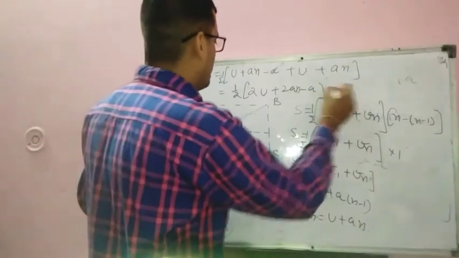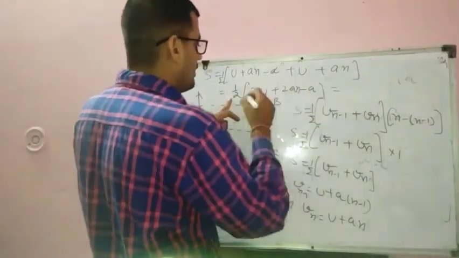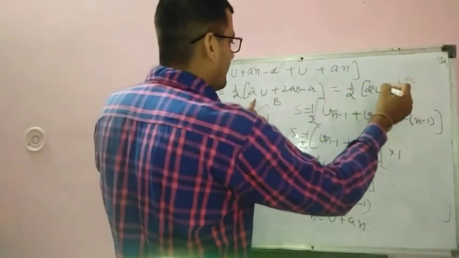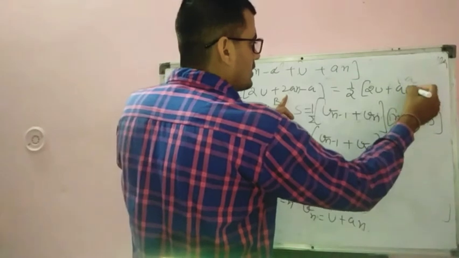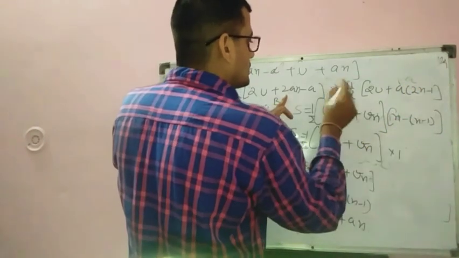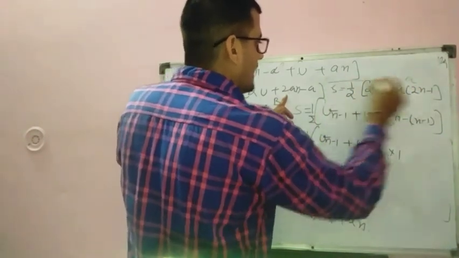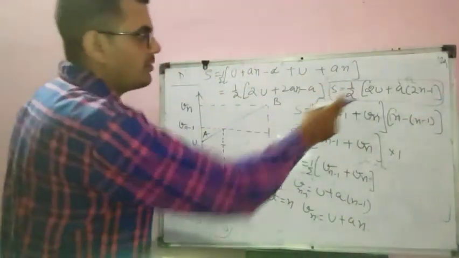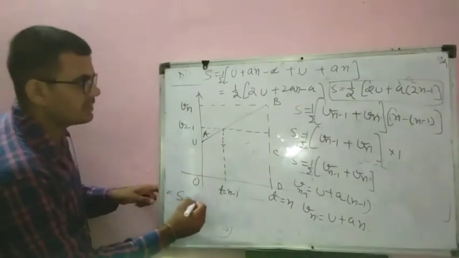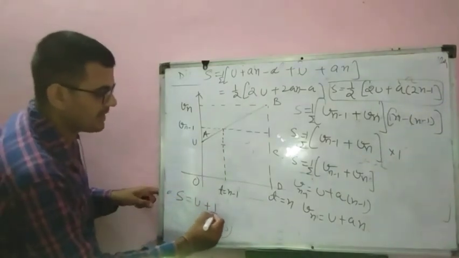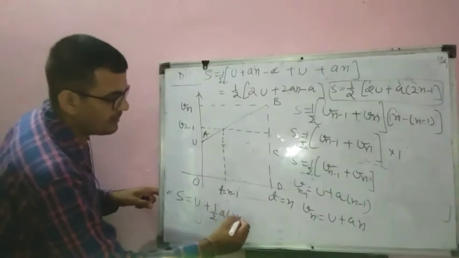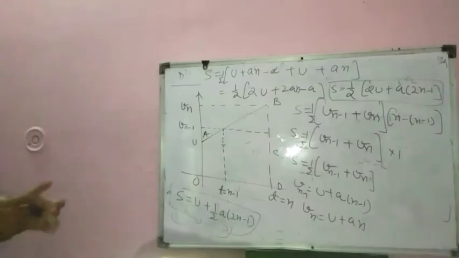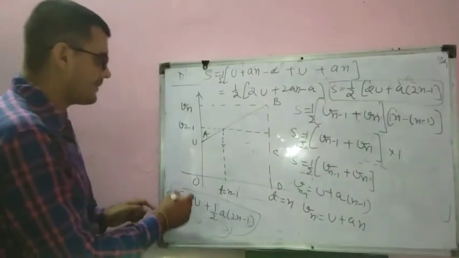Take a as common: 1 by 2 times (2u plus a(2n minus 1)). So this is the distance traveled by the particle in the nth second. You can also write it as s equal to u plus 1 by 2 a into (2n minus 1). This is the distance traveled by the particle in the nth second, represented by Sn.